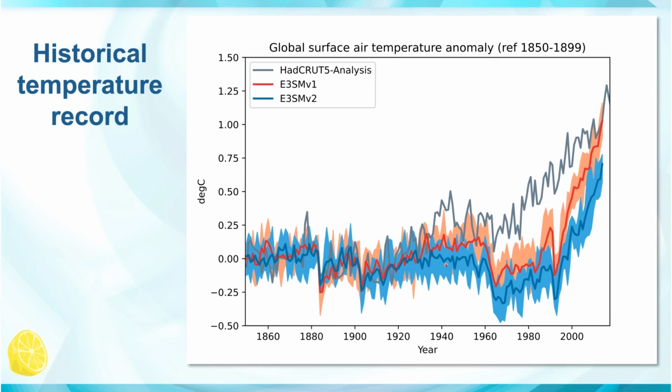And V2 is quite similar to V1, but actually slightly worse in the sense that starting in the 1940s or so, it is a little bit colder than V1, and it essentially remains colder than V1 for most of the period thereafter.